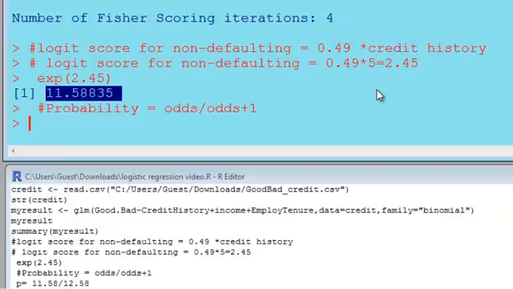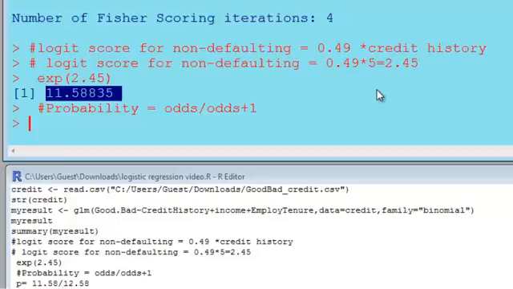Now just to remind you, what are odds? For an event, odds is the probability of the event happening divided by the probability that the event will not happen. So if odds are 1, then there is a 50% chance that the event is going to happen and a 50% chance that it is not.